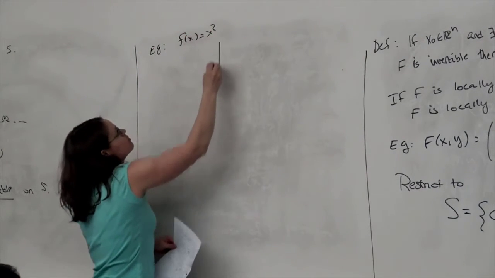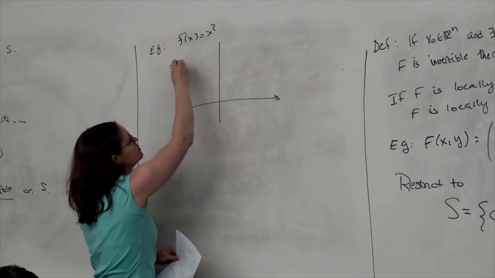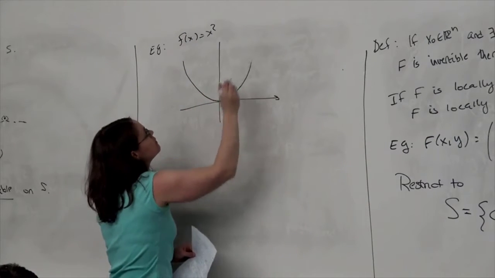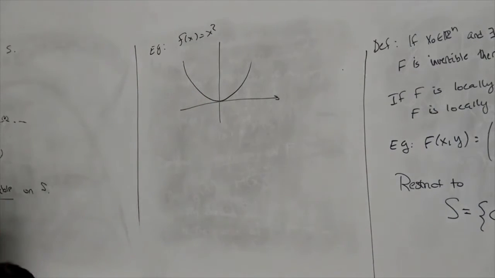OK, this guy, not invertible. Right? And what's kind of the key property of this function that makes it not invertible? Symmetry. OK, symmetry, but I wouldn't need symmetry to make something not invertible.